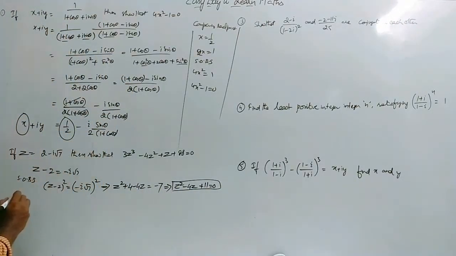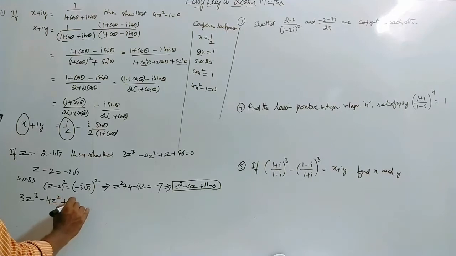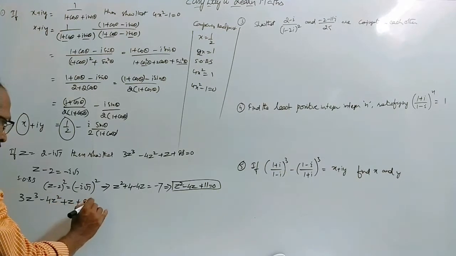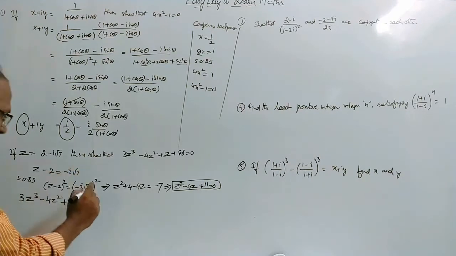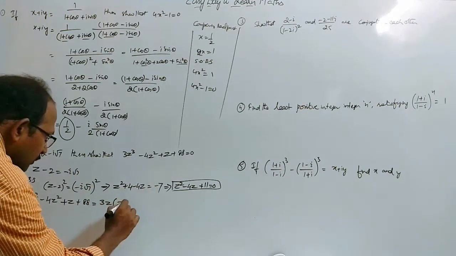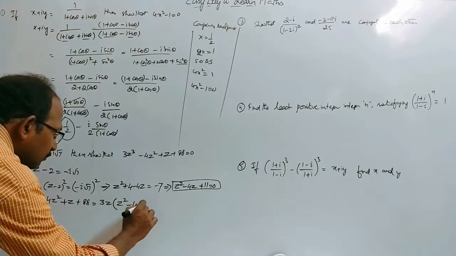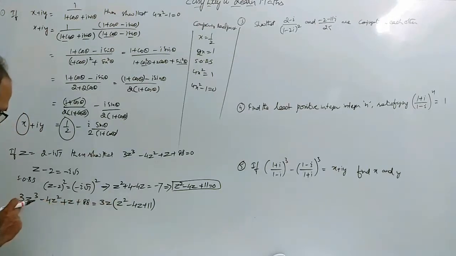Now consider 3z cubed minus 4z square plus z plus 88, that is equal to z cube we can write as 3z into, let us substitute this one, (z square minus 4z plus 11). Here 3z into z square is 3z cubed.